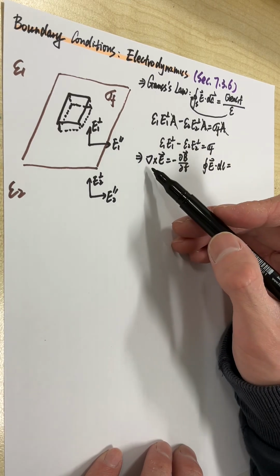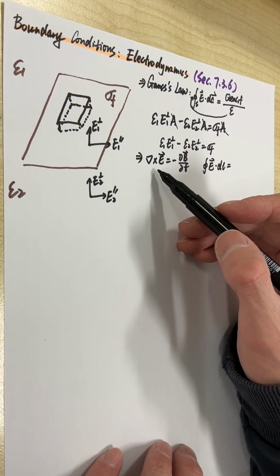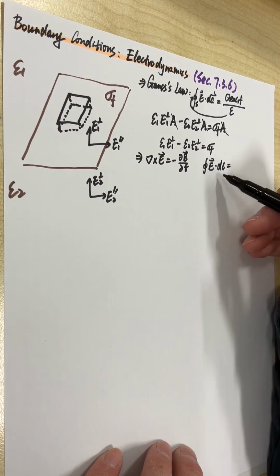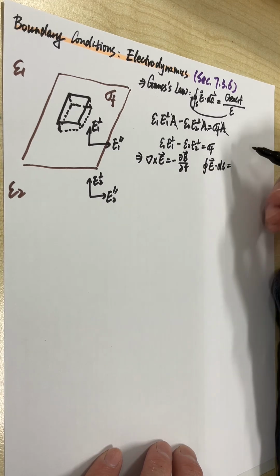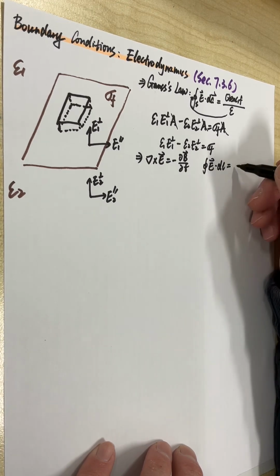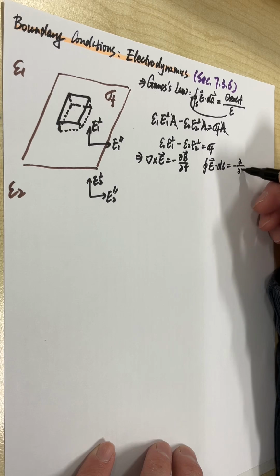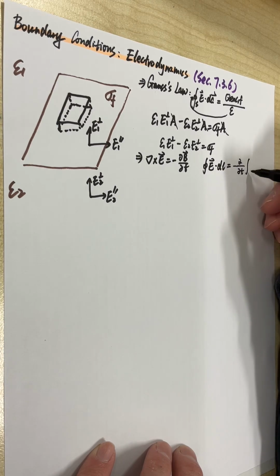The surface integral of this curl, we can call the fundamental theorem for curl, and then this becomes the closed line integral. So on the right hand side we have minus d dt, and then the surface integral of B dot dA.